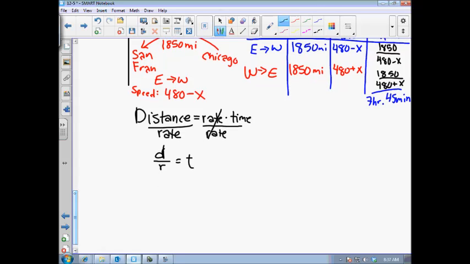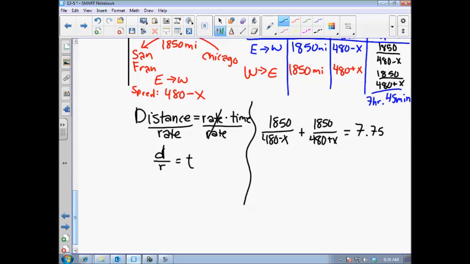So we're going to take those 2 fractions and add them. 1850 over 480 minus x plus 1850 over 480 plus x equals 7 point, I'm going to put 7.5. Isn't 45 minutes the same as 3/4? 0.75. Okay, so we're going to have to stop here.